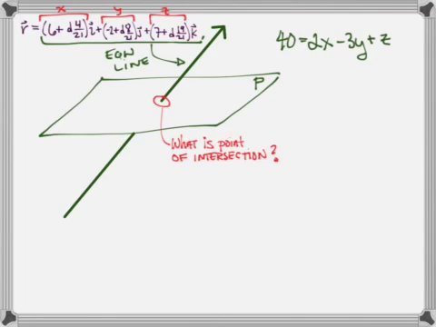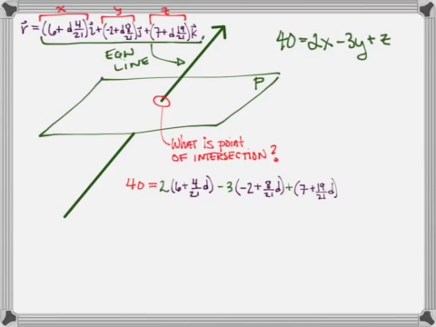We know that X, Y, and Z are going to be our component parts that are attached to i, j, and k. So we're going to plug those in for x, y, and z. So 40 has to equal 2 times my x value minus 3 times my y value plus just my z value because it's 1z.